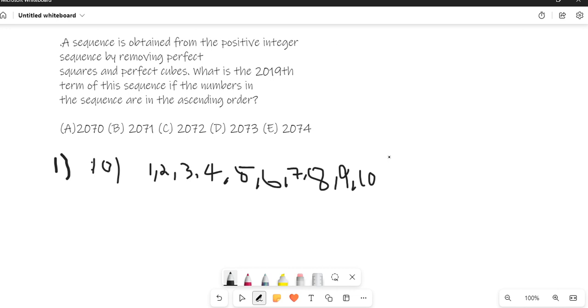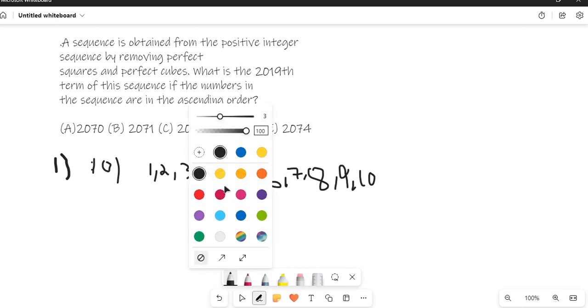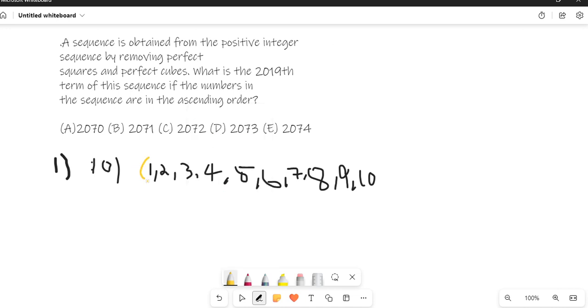There are the number 1, the second is 4, and the third one is 9. So there are 3 perfect squares before 10.